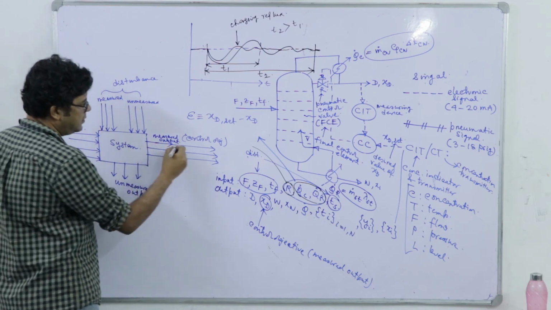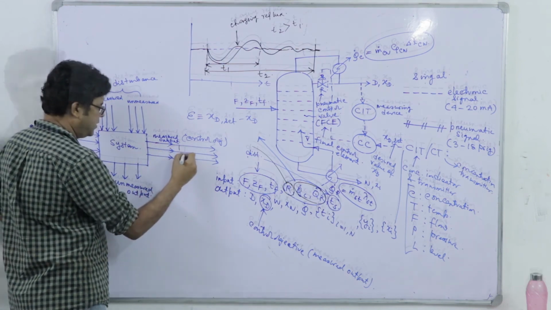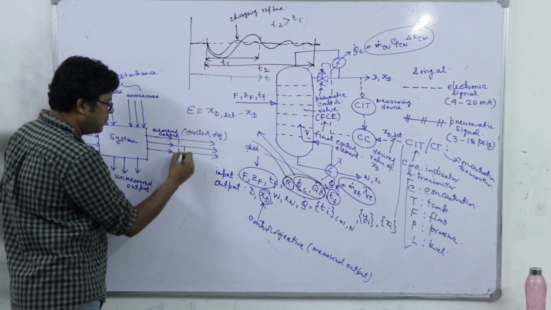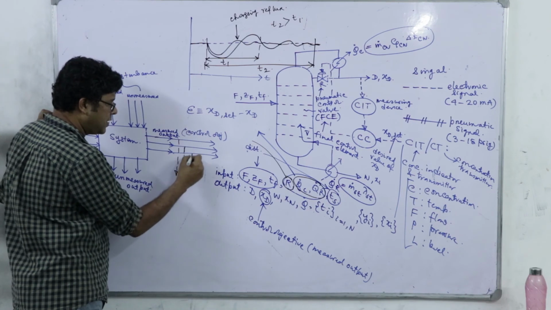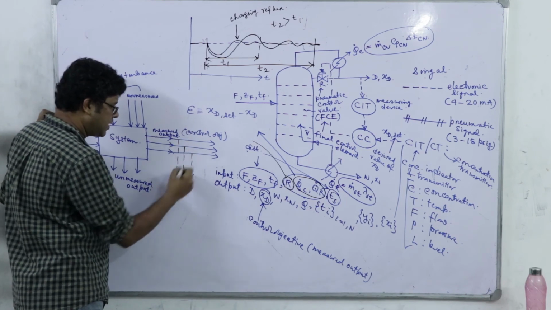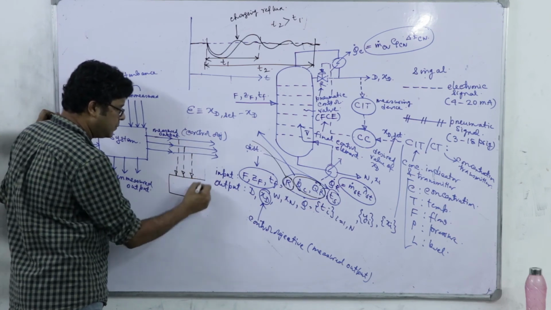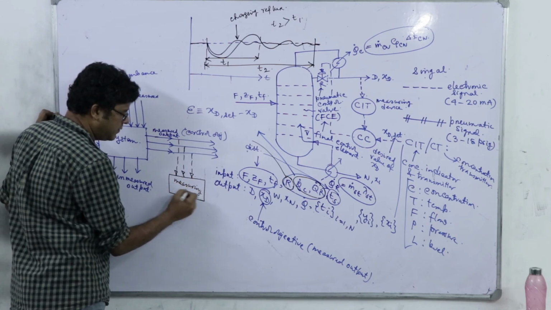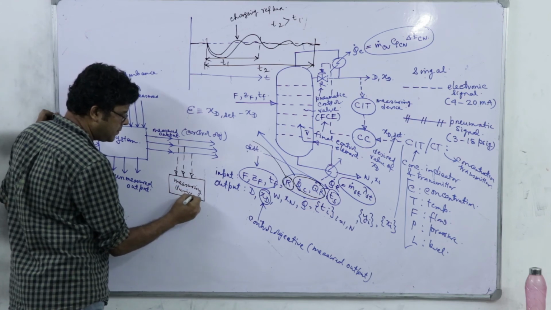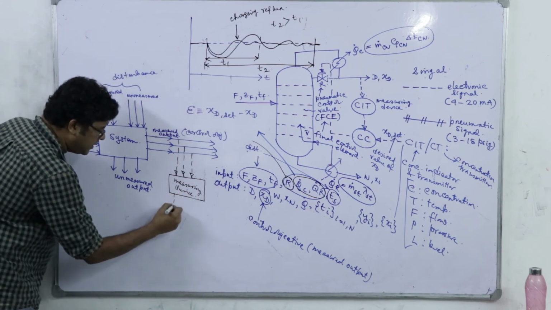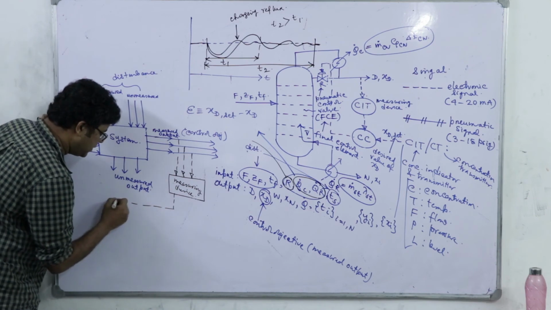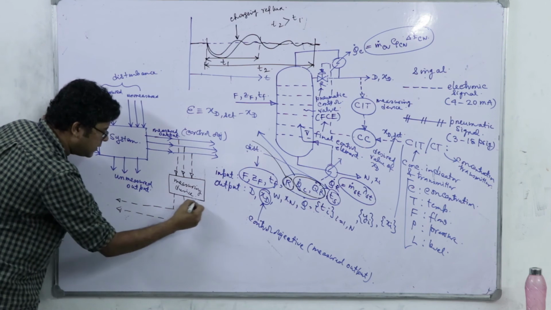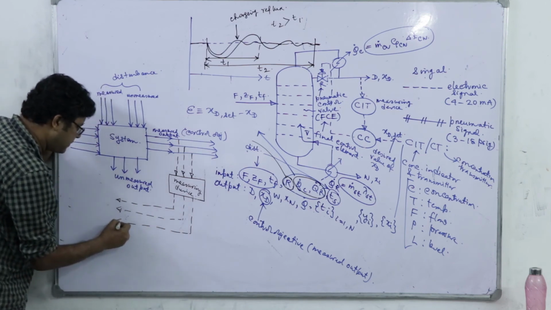Here we go for measuring it. So here we have to measure this current values of the control objective. So there must be a measuring device or multiple measuring device. So output of the measuring device goes to, as we have discussed there in the case of distillation column, the controller.